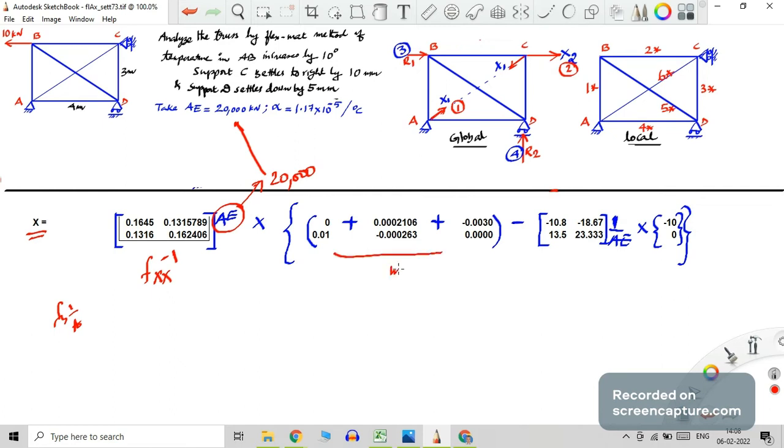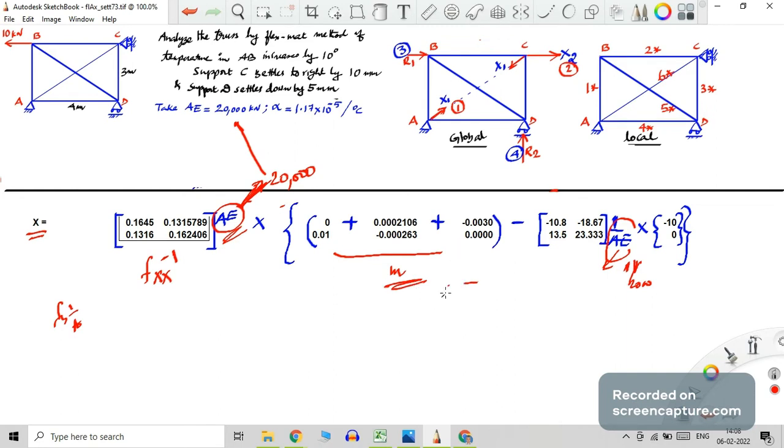These are in meter. Okay, here this is 1 by ae, so its unit should come into this. So here as well as here 1 by ae, this is 1 by 20,000. This was 20, this is 20,000, this is 1 by 20,000. That should come into your numericals, then only this quantity will be compatible with the matrix multiplication.